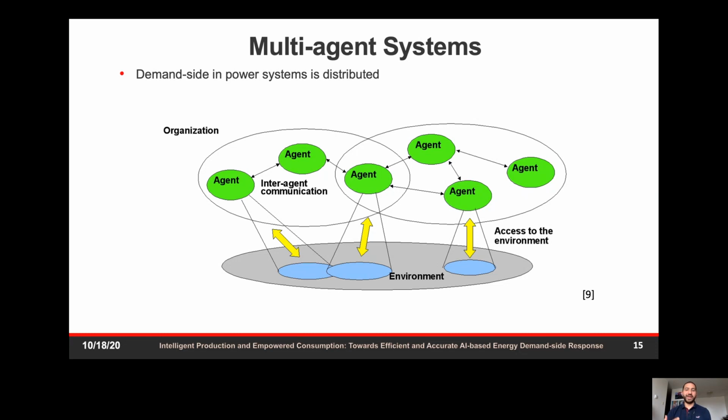A utility wants to guarantee as much as possible that when it sends out a request to shift a load, to reduce a load, to move from the grid to other on-site generation, this request will be accepted. So really, we need to take into account the different intelligent agents and how they interact amongst each other.